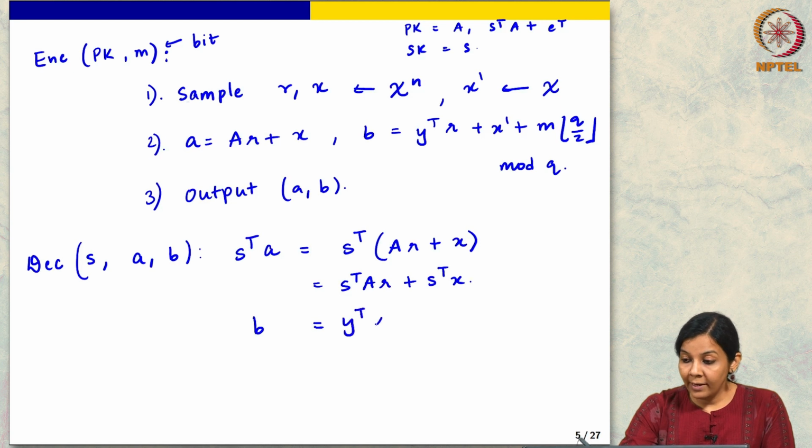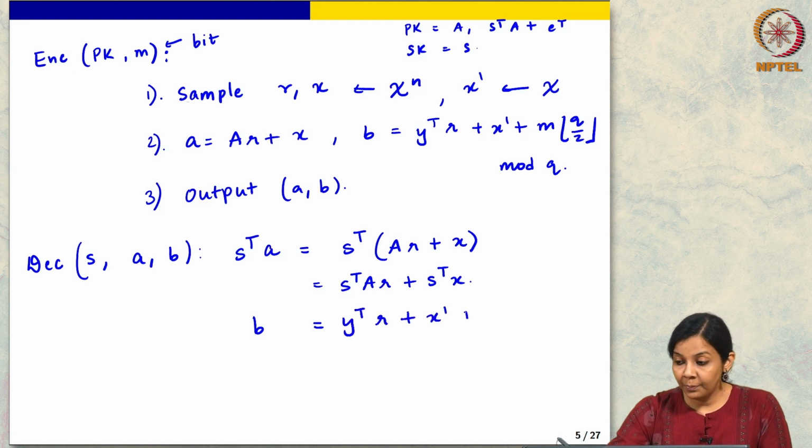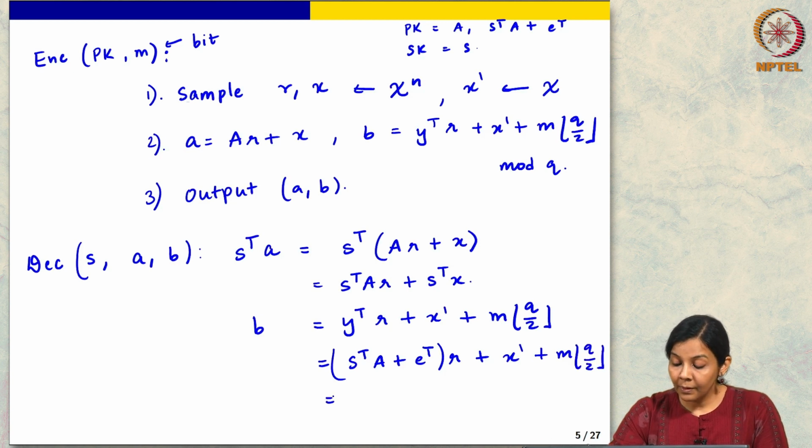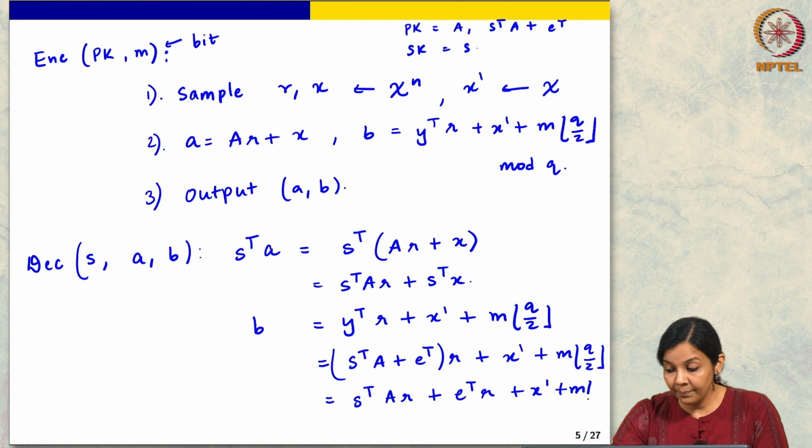B is Y transpose R plus X prime plus M Q over 2. Let me expand. What was Y? Y was S transpose A plus E transpose, times R plus X prime plus M Q over 2. So this is S transpose A R plus E transpose R plus X prime plus M Q over 2.